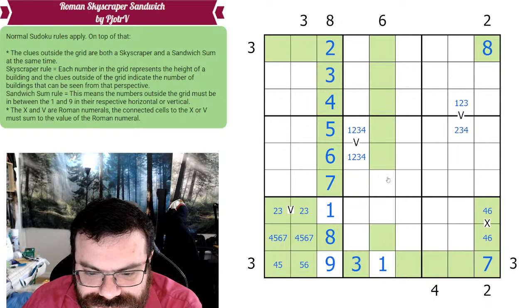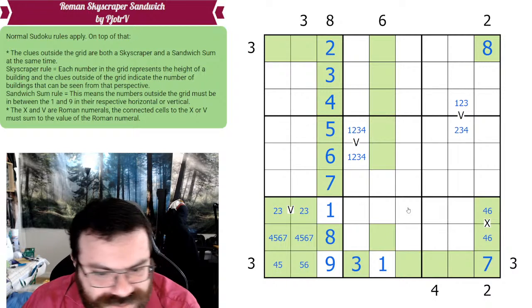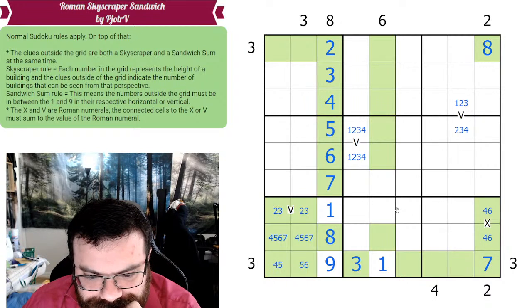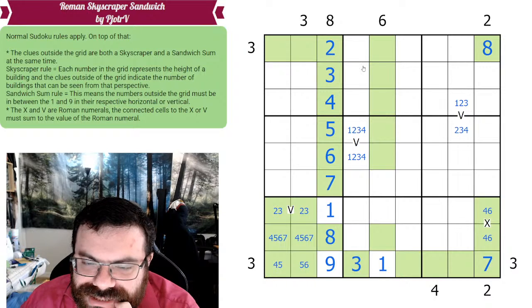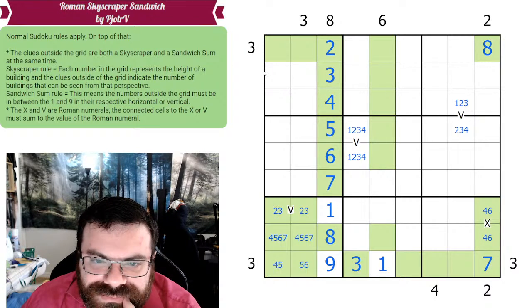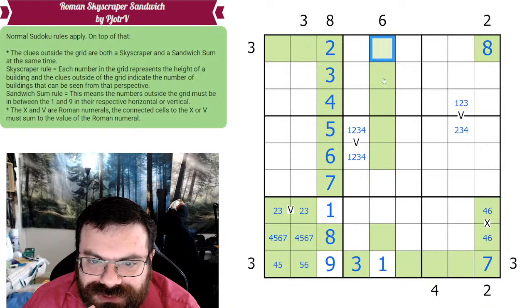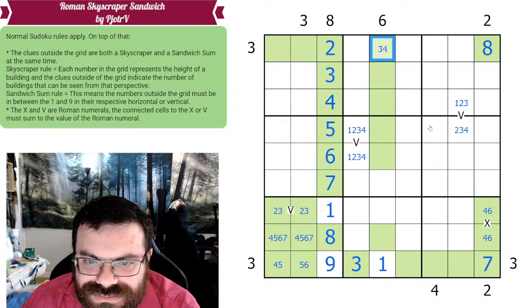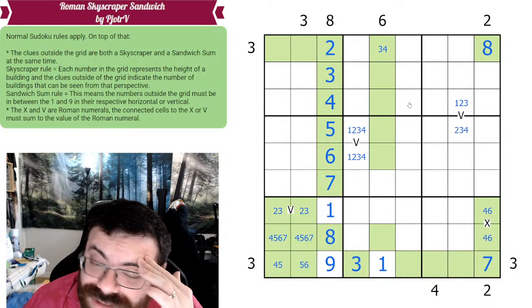So this is not a 9. I don't think there's a good way to see that yet. This is a 3 or a 4, so I think this is... If this were a 5, we'd have 5, 6, 7, 8, 9. We'd only be able to see 5 digits.